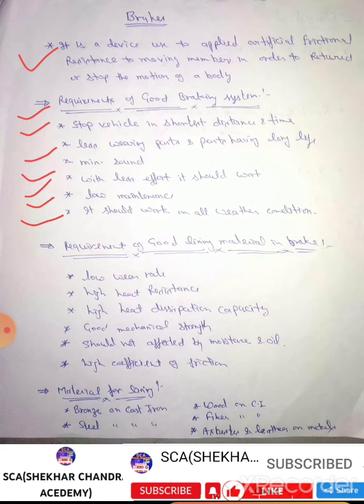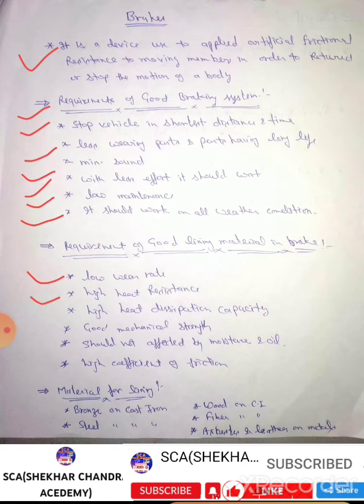The most important part of a braking system is the liner. The liner is attached to the inner side of the brake. The requirements of good lining material in a braking system: first, liner has low wear rate. Second, liner has high heat resistance capacity.